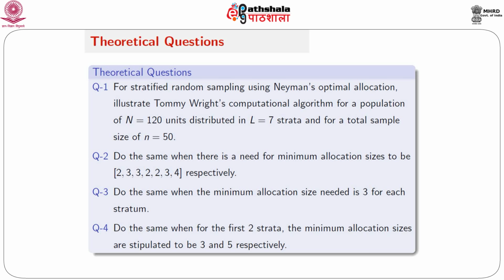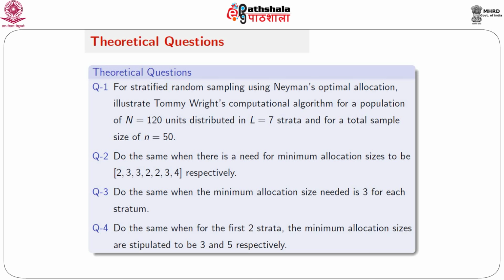Question 2. Do the same when there is a need for minimum allocation sizes to be 2, 3, 3, 2, 2, 3, 4 respectively. So as I said, if there is any constraint, then we first put that constraint. So in the two-way table, we make a deliberate selection of the units such that all these numbers are represented. We have 2 from the first one, 3 from the second one, and so on. And after that, these are made bold as in the text.